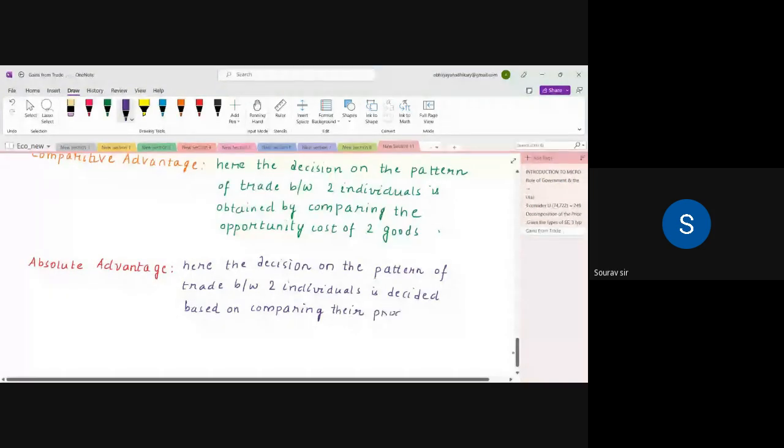I'll explain in the next class what exactly I mean by productivity and what exactly we are talking about. But just keep this term handy. We'll discuss with the same example what exactly we are talking about.